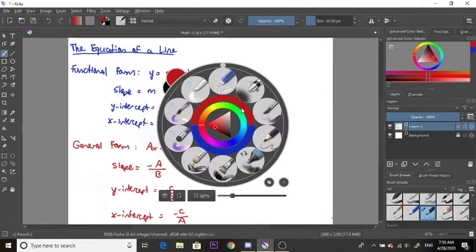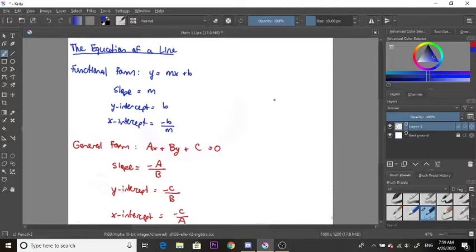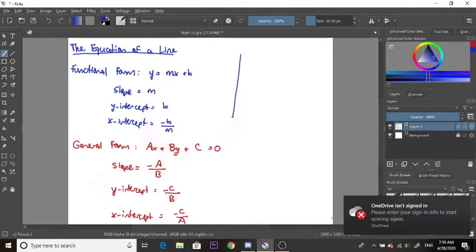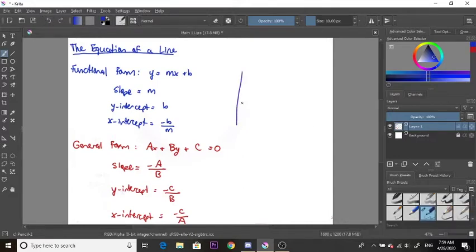Now, just to review what all these things mean, if we have a graph, let's redraw that graph. So if we have a graph, we have our y-axis and our x-axis here, and we have a line. The slope tells us how steep something is.